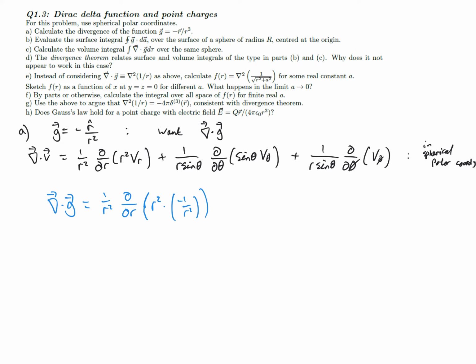So the r squareds cancel, and I get d by dr of minus 1, which is equal to 0. So the divergence, naively, I will say for now, of this function g is equal to 0.